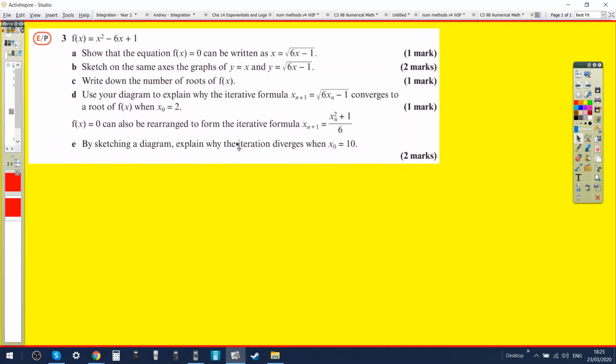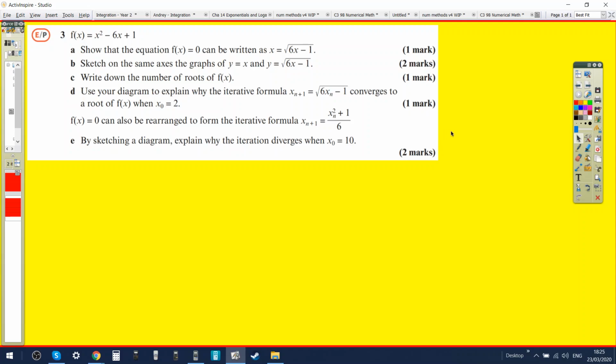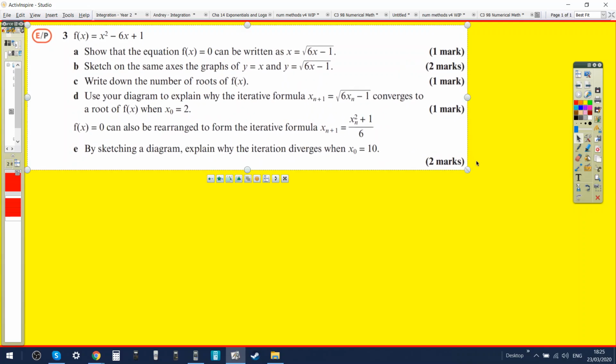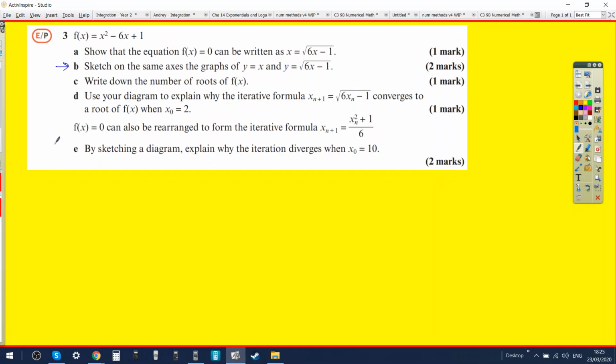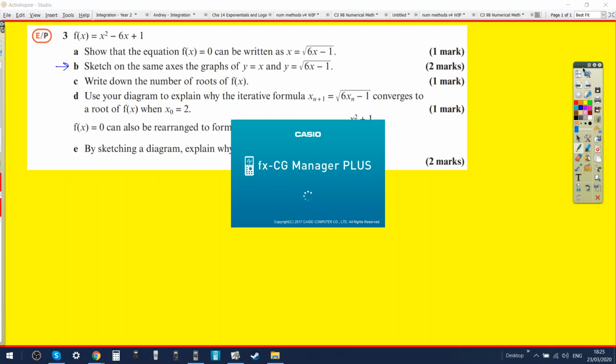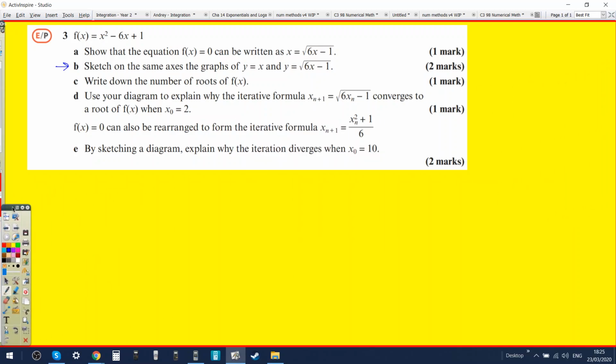Okay, so exam question. Start from B. And you can use your calculator if you like. Okay. So sketch on the same axis y equals x and y equals root 6x minus 1.